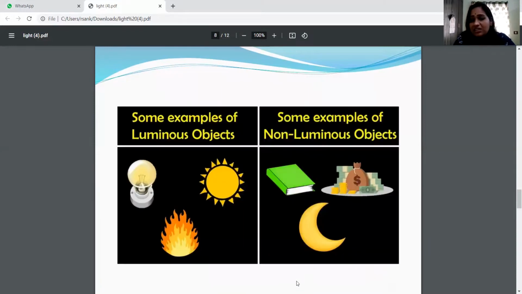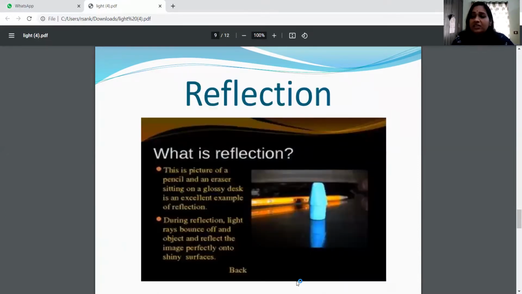Here in this slide, you can see various examples of luminous and non-luminous objects. In luminous objects, you can see bulb, sunlight, flame, and in non-luminous objects, you can see books, plate, money, and moon, etc. Luminous objects emit light, so they are directly visible to our eyes.